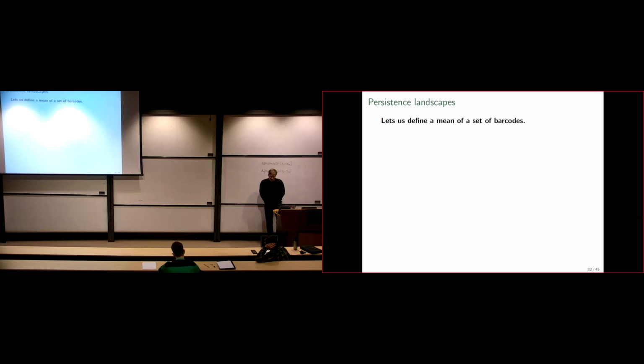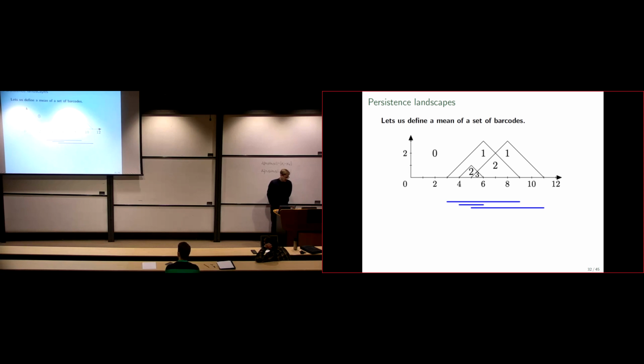You cannot define the mean of a barcode. It just doesn't work mathematically. So you need to map it into some other space where you have a mean. This will no longer correspond to a barcode, but it will make sense as a mean. And that's what persistence landscapes do, essentially.